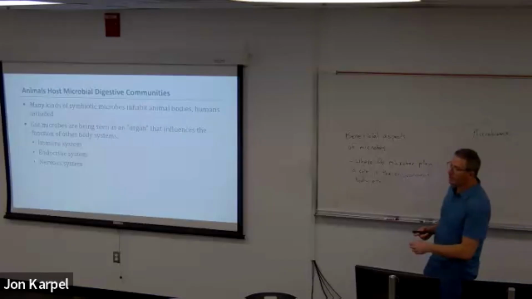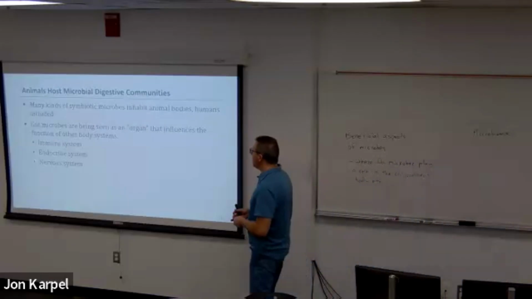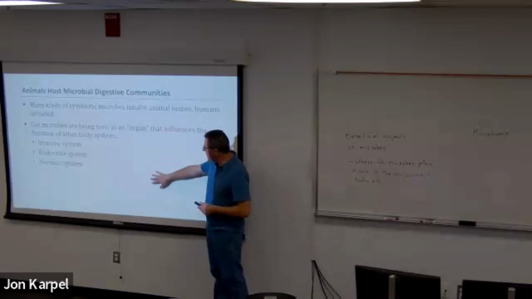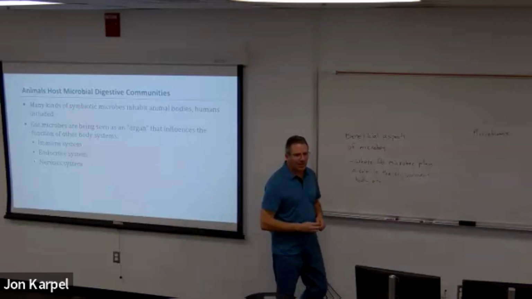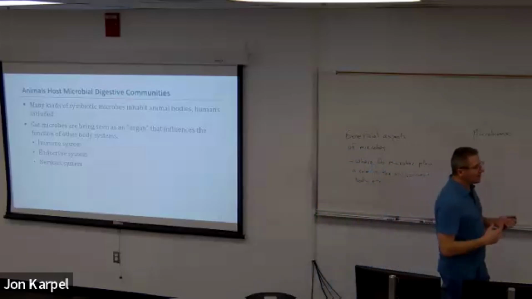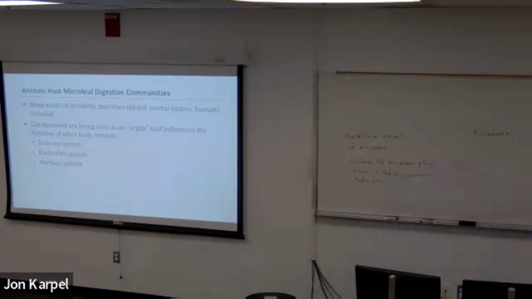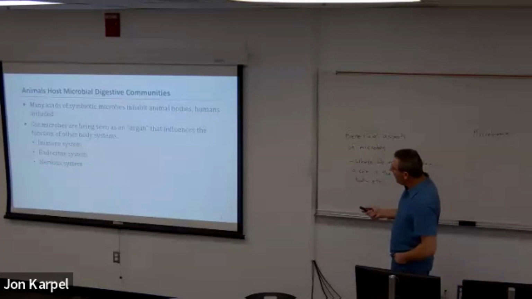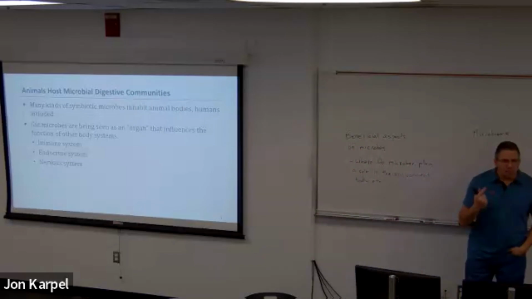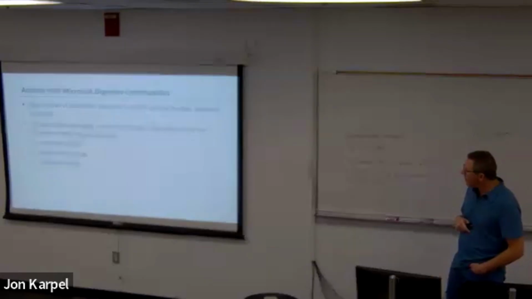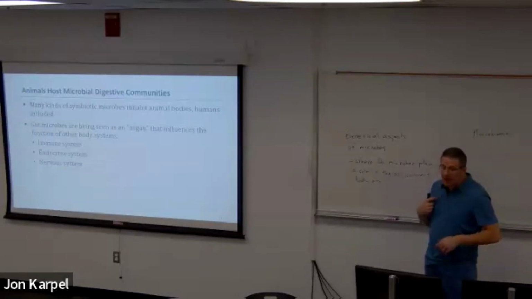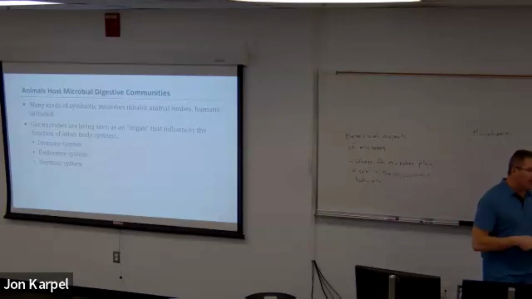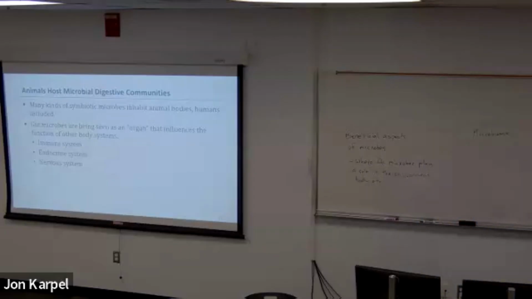It seems like every year something is published which talks about some other influence that our microbes have on our body, and how changing that has some kind of connection to disease. It's interesting to me to think about how these things in our body can influence us, and how it changes from person to person. In different populations, you can see different microbiomes, and how they can change with your location or your diet. And if those things don't work properly, then you can see a lot of negative effects.